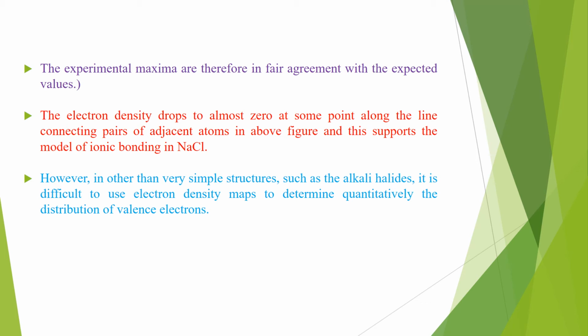In most structure refinements, both the positions and temperature factors, or thermal vibration factors, of atoms are varied in order to achieve the best agreement between measured and calculated structure factors.